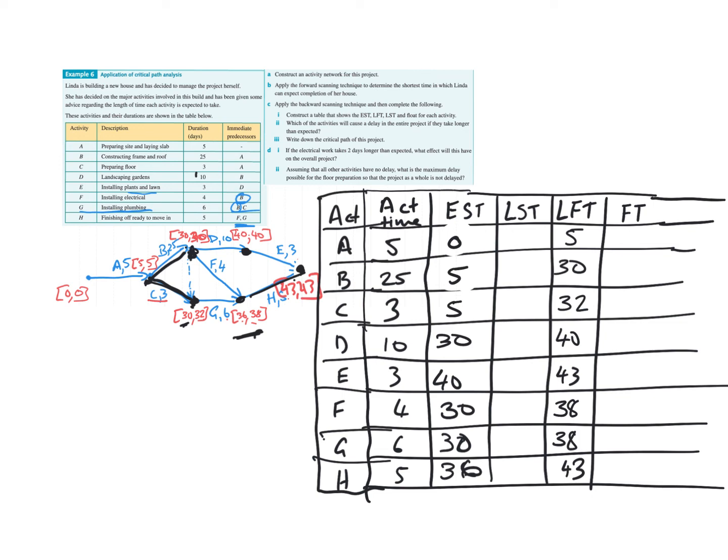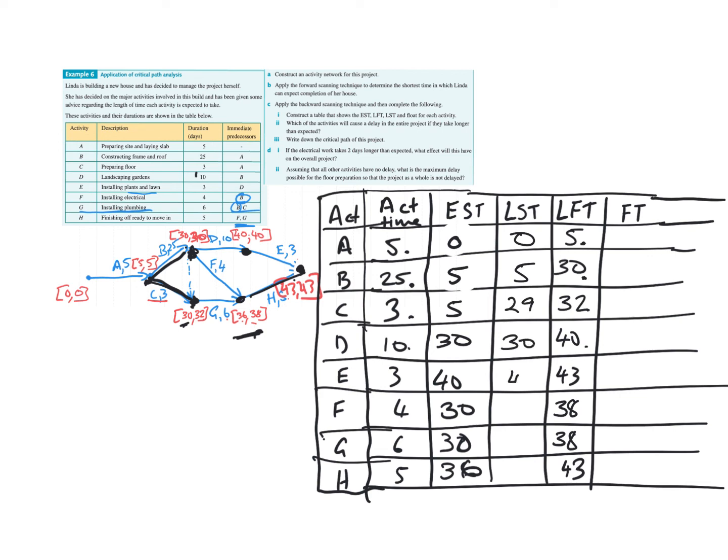We have to go back and work out our latest starting times. Our latest starting times are just looking at, well, if this is the latest finishing time down this column and the activity takes this long, well, when's the actual starting time that we can start? So in this case here, we're just going to go 5, subtract 5, which is 0. 30, subtract 25 is 5. 32, subtract 3, 29. 40, subtract 10, 30.